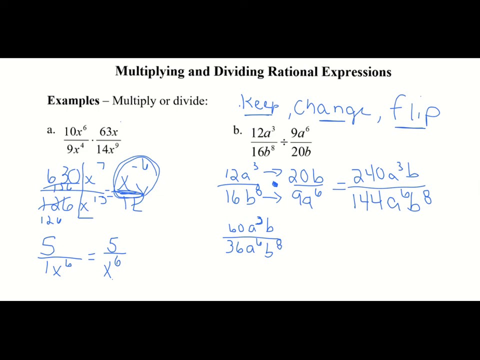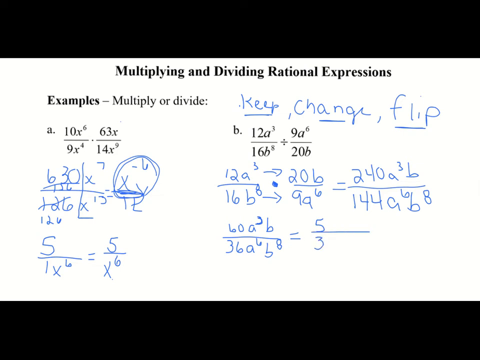Now, 60 and 36, I know I can pull out a 12 out of both of those. So when I pull a 12 out, 60 divided by 12 is going to give me 5. 36 divided by 12 is going to give me a 3.